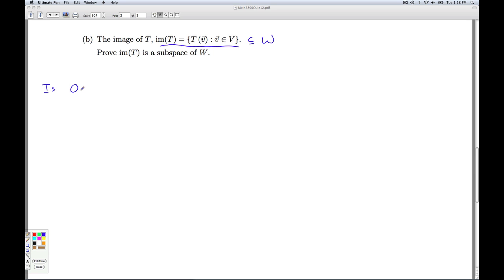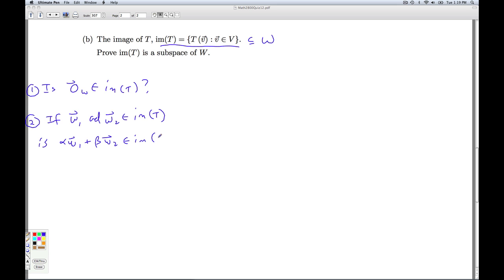One, is the zero vector in W part of this thing? And two, if two vectors are in there, and I'm going to call them w1 and w2 so we don't get confused, if w1 and w2 are in there, is their linear combination in there?